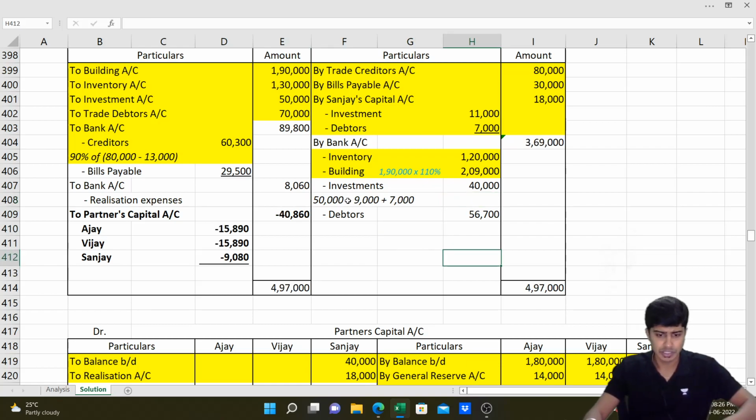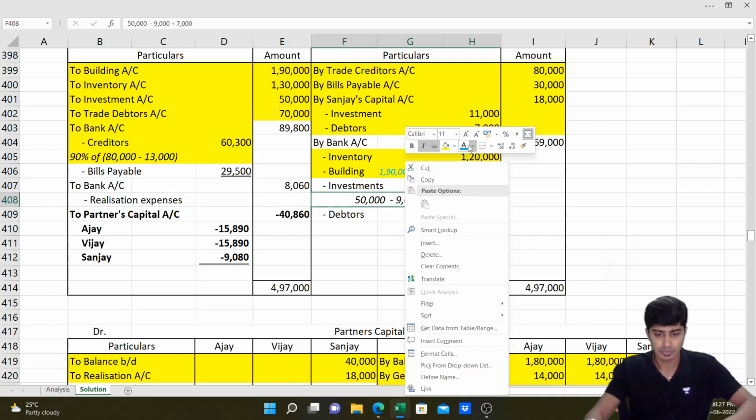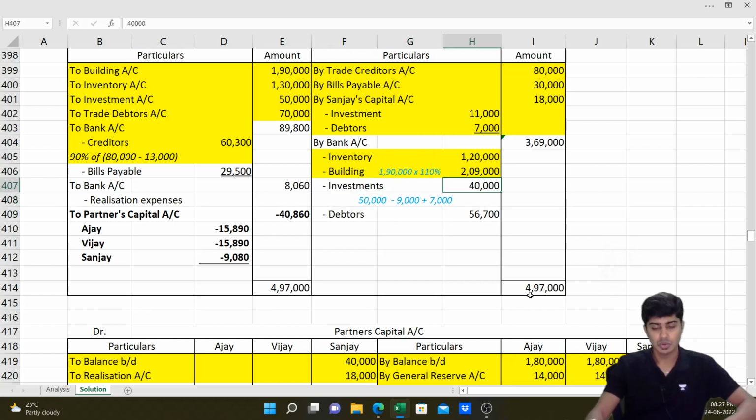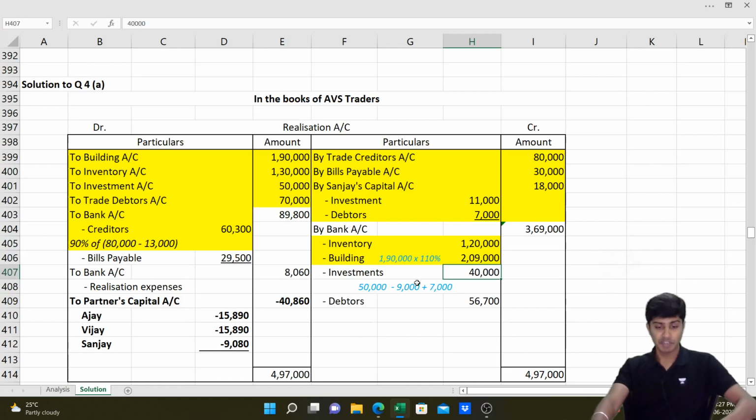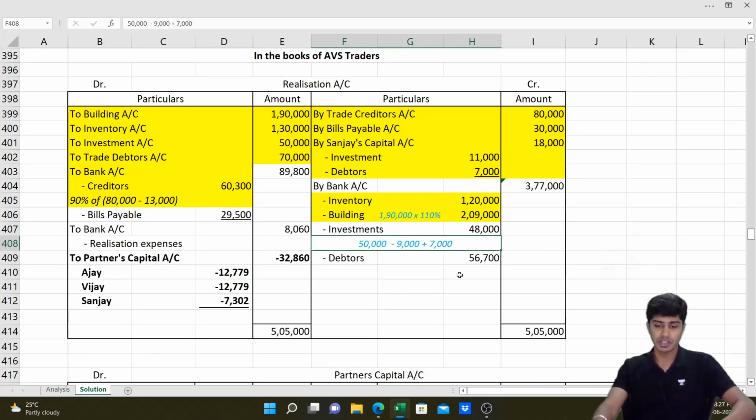Club this. How much will it come? 50 minus 9 is 41. 41 plus 7, 48,000. 48,000 is our investment, and let's mark that yellow.